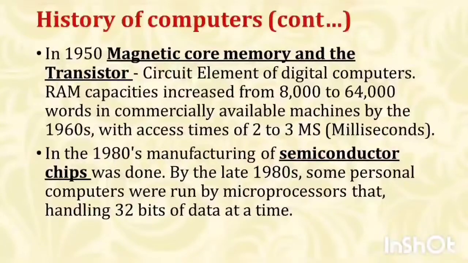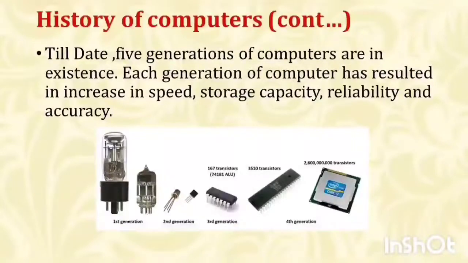Personal computers were run by microprocessors that handle 32 bits of data at a time. As you can see in the image at the bottom, the first generation had the vacuum tube, then the transistor came, then the next development came, and then it came like this. Now, even in TVs you would have seen Intel Core i7. These are the images.